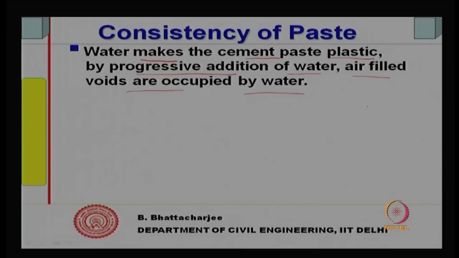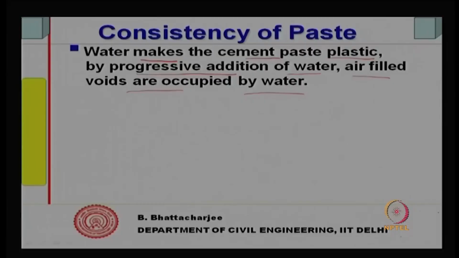So, in the original system, cement particles will have air filled space in between them. It is a particulate system, they will have a given kind of packing, but within the grains or within the particles of cement, the void space will be filled by air.